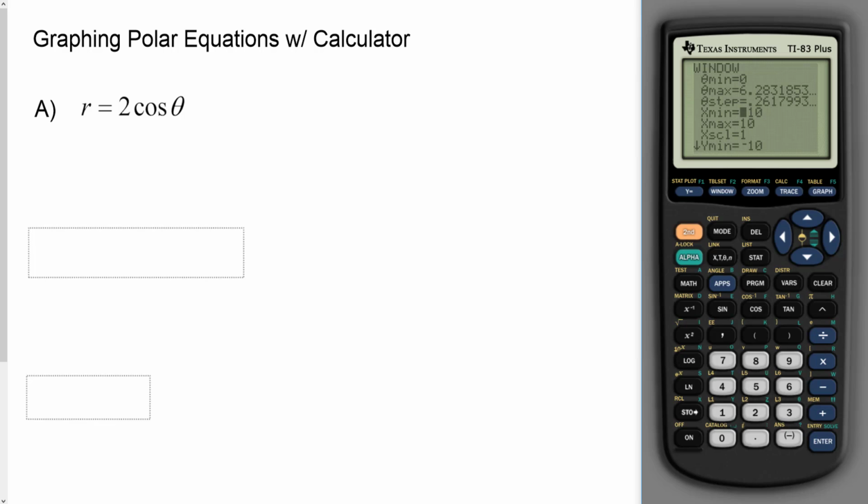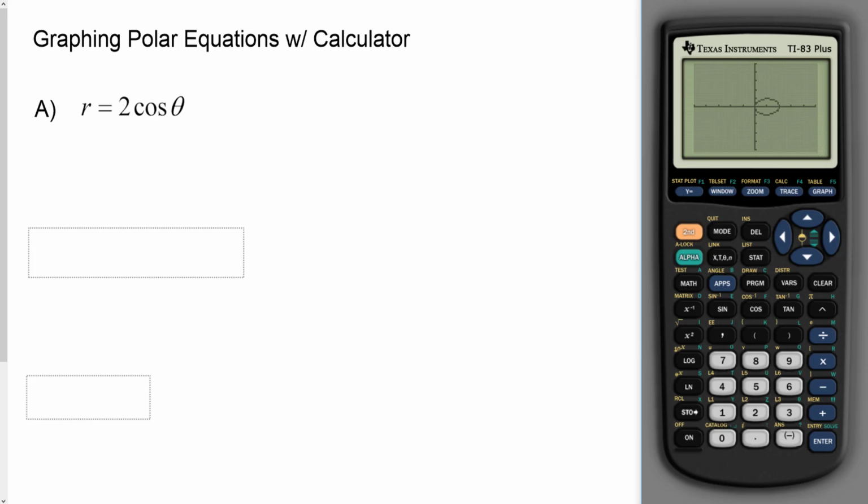The smaller that is, the better picture you're going to get, but also the longer it's going to take to draw. X min, X max, X scale, these are the same as they were before. And I'm going to change to negative 5 to positive 5 on the X and Y. And I think that'll be fine.